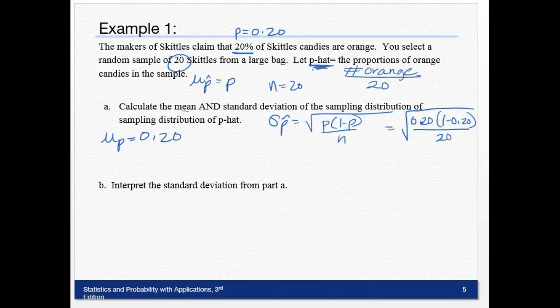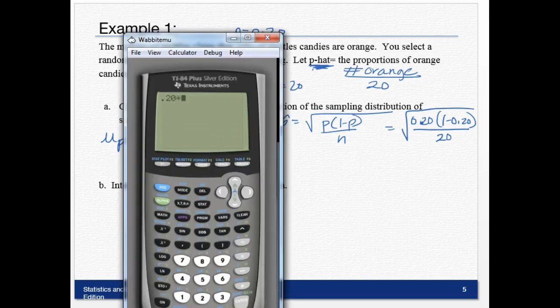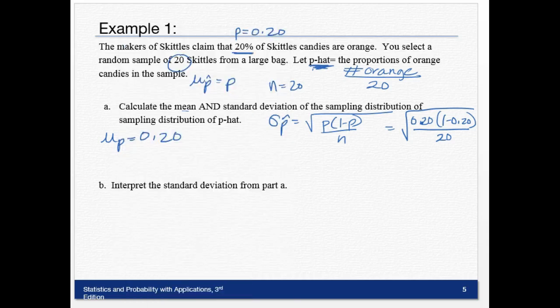So put this in our calculator. 0.20 times 1 minus 0.20, which is 0.80, divided by 20 equals that, and I want the square root of that. And there's my answer. So my standard deviation is 0.0894.